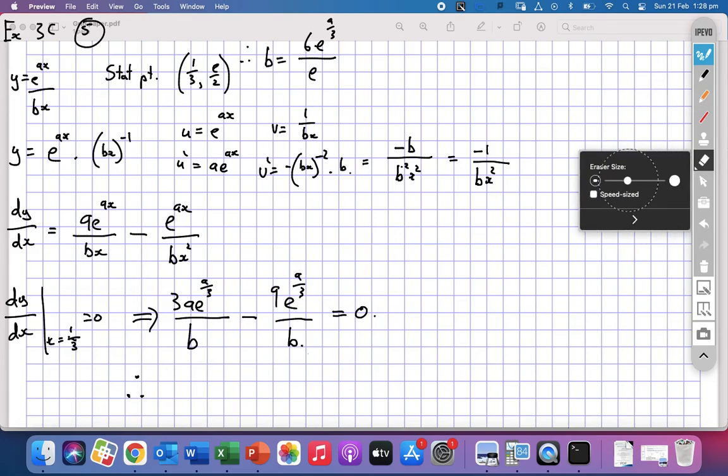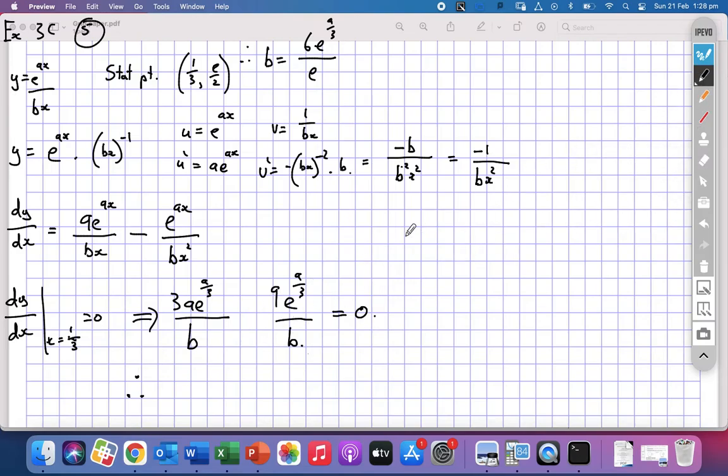I'm a bit limited for space, so normally this would be an extra line in my workbook, but imagine this is all one big fraction with a common denominator of b. If I want to make that 0, I just need the numerator to be 0, so I'd have 3a e to the power of a on 3 minus 9e. I'm seeing common factors in this.